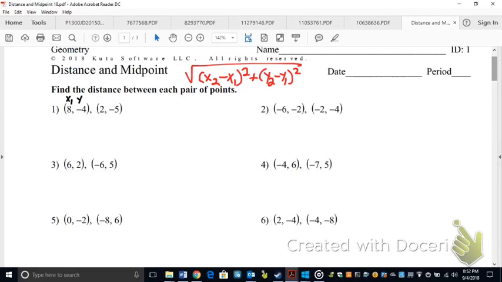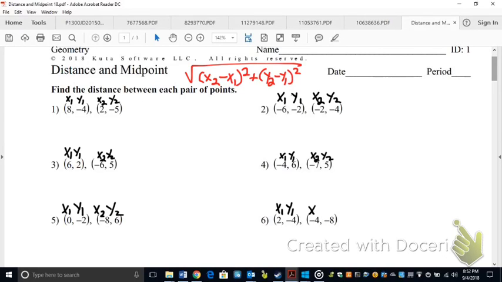As you can see on number 1, I'm marking my points x1, y1, x2, y2. It does not matter which way you do this. But if I were you, when I see a page like this, I would go through and mark them all. I just did the first 6 because those are the problems I'm going to be doing.